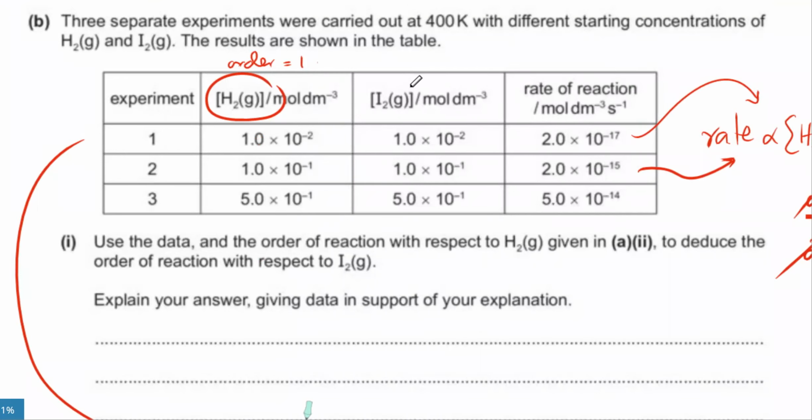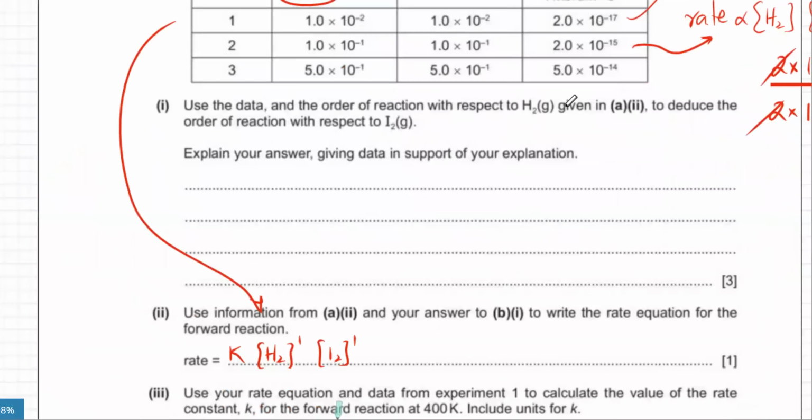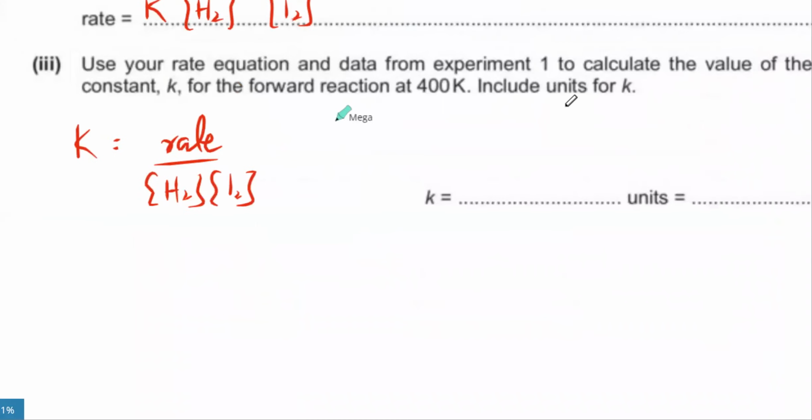So use the units that are provided over here. So rate is mole per dm cube per second, and concentration is mole per dm cube. I'm going to replace mole per dm cube with X. So it's X per second divided by X into X.